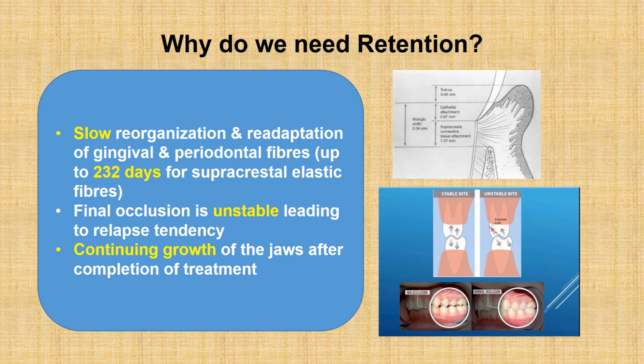In the case of supracrestal fibers, it can take up to 232 days. Also, the final occlusion is unstable, leading to a relapse tendency, and continuing growth of the jaws after completion of treatment can also give rise to relapse.